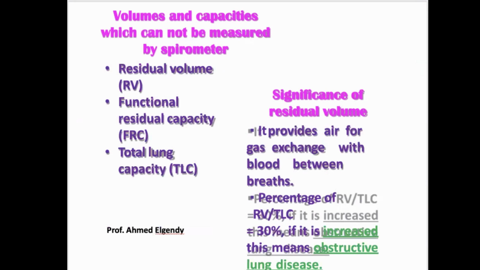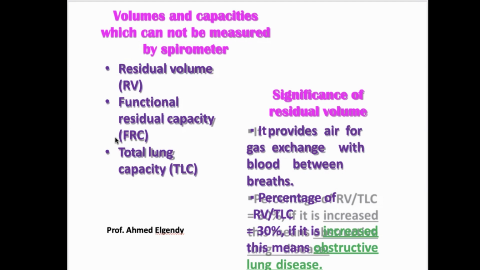So we know these 4 volumes and 4 capacities, but some of them cannot be measured by spirometer. What are those? For example, residual volume, functional residual capacity, and total lung capacity we cannot measure with this spirometer.